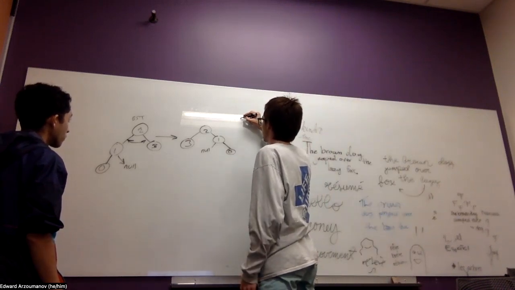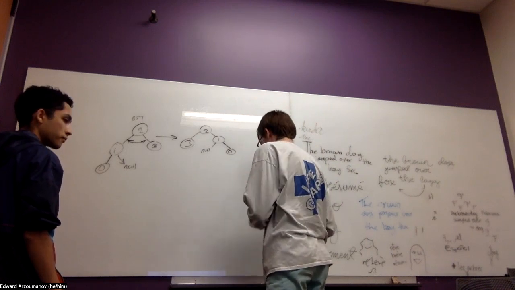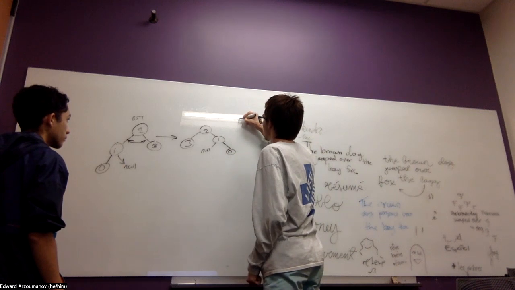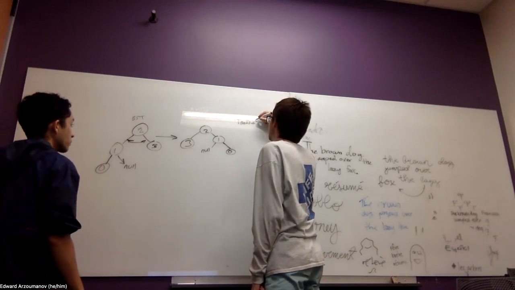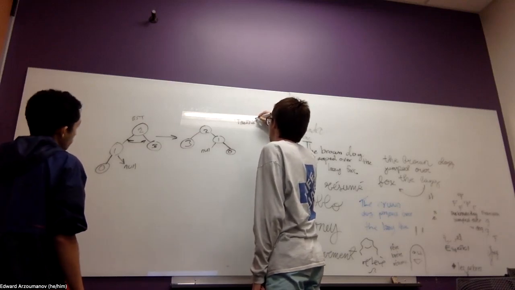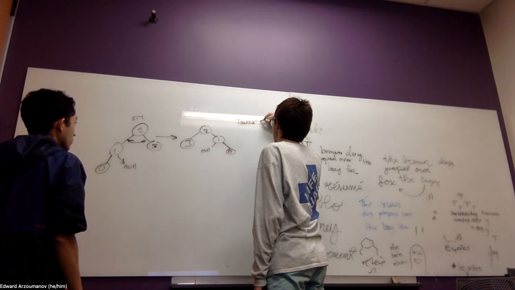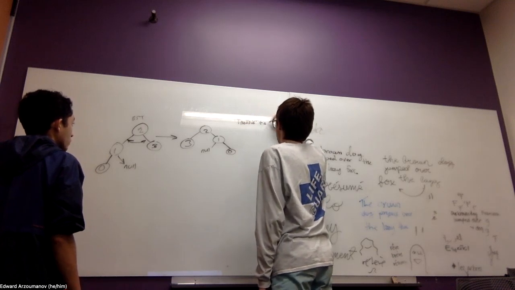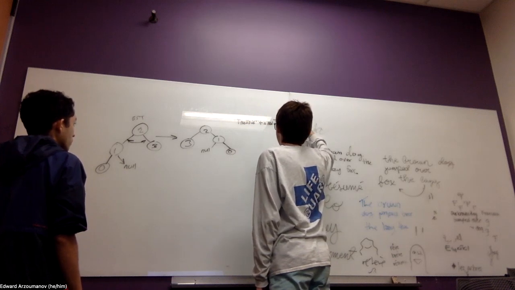So we create a temp, or just T, equal to new tree node.